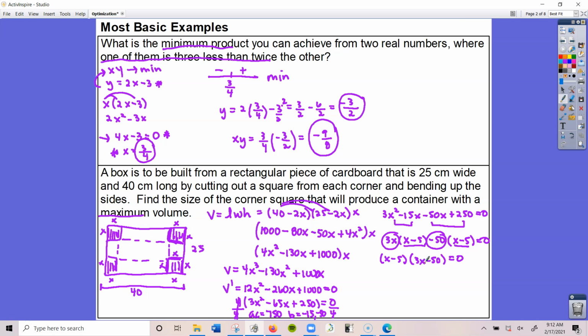And when you solve for your critical numbers, we get that x is equal to 5, and here we would add 50 over 3. Now, since we have two critical numbers, we need to figure out which one of these is the maximum. So we're going to put these on our number line.